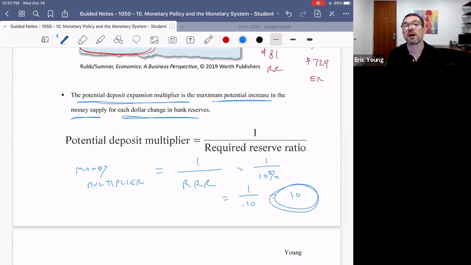A money multiplier of 10 means that every $1 that goes into a banking system, every $1 increase in deposits, once this loan process spins out over time, will generate $10.